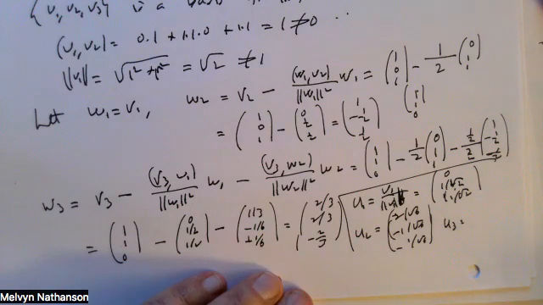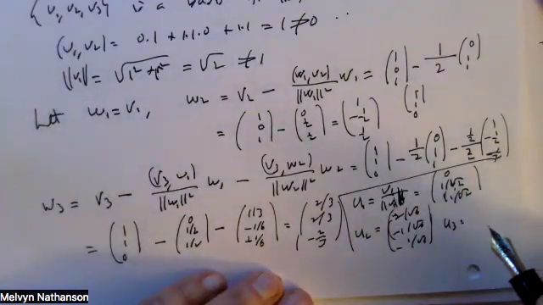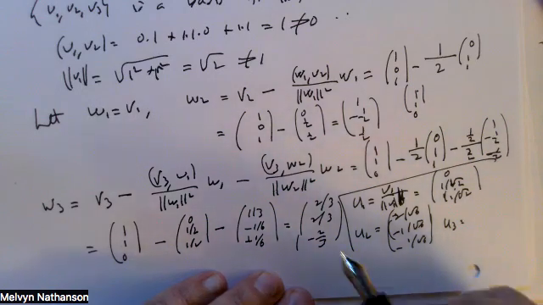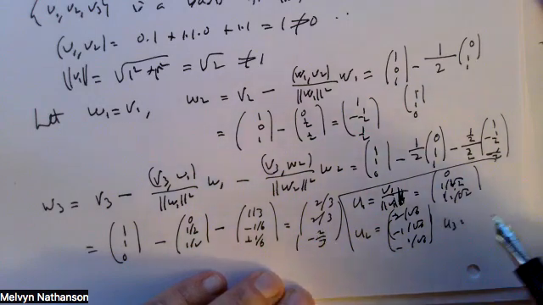Square root of that is 2 root 2 over 3. So 3 over 2 root 2 is 1 over root 2.